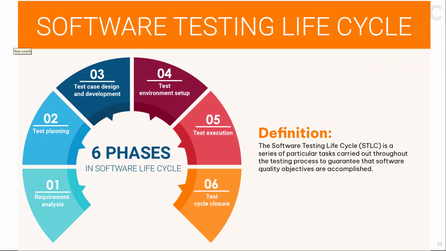By the way, we are talking from the point of view of testers. In requirement analysis, we as testers need to be part of it as well. Number 2, once we understand the requirement, we start immediately designing the test plans. We will not wait for the developers to get the code up. We start developing the test plans.